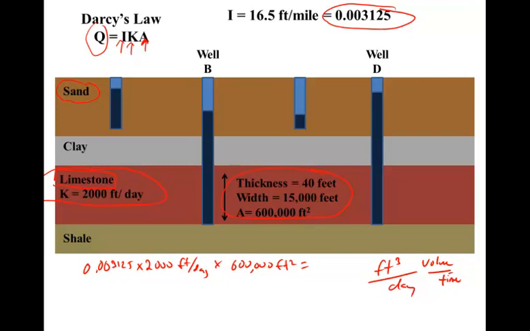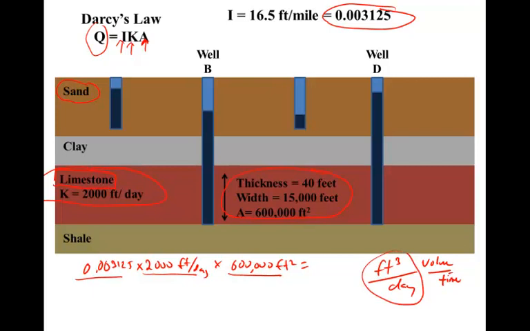By keeping track of our units, we will know if our result has units appropriate for the variable that we are trying to calculate. We're trying to calculate discharge, which needs to have units of volume over time. We've set up our equation, gradient, conductivity, area. We end up with units of cubic feet per day, volume per time, appropriate units for discharge.